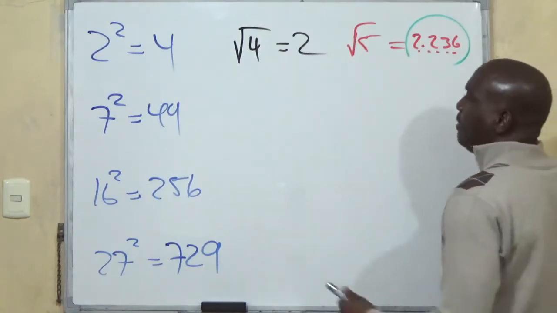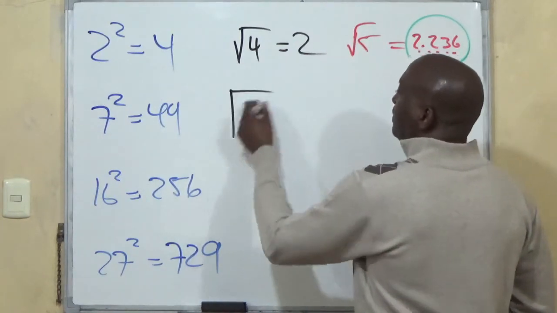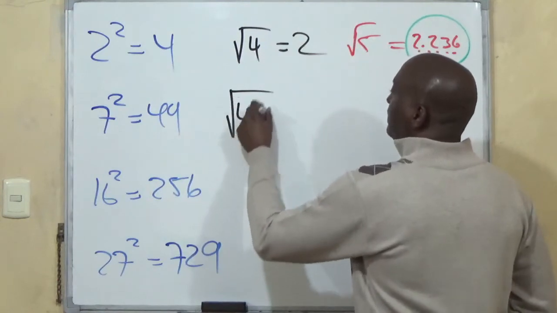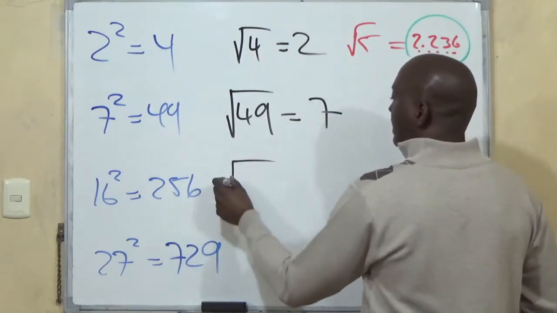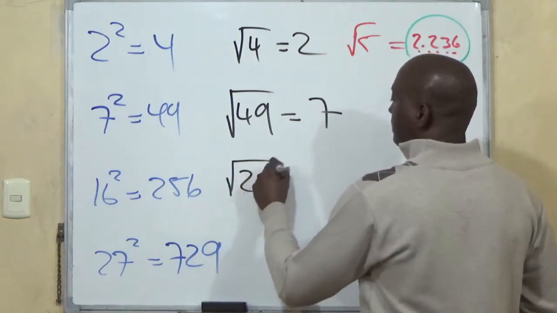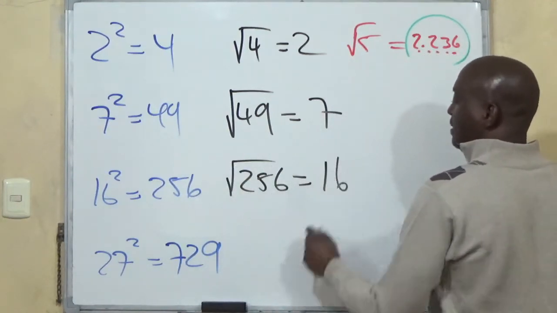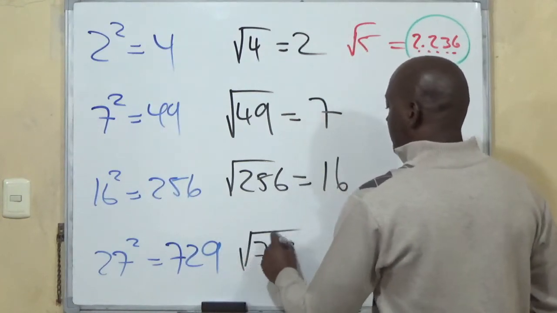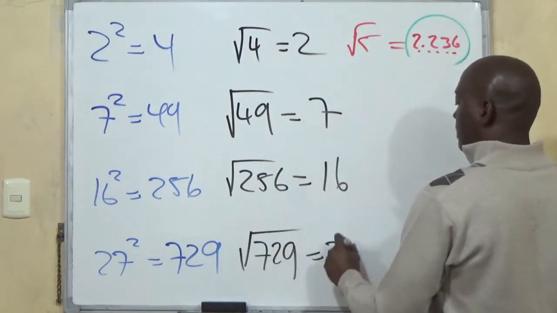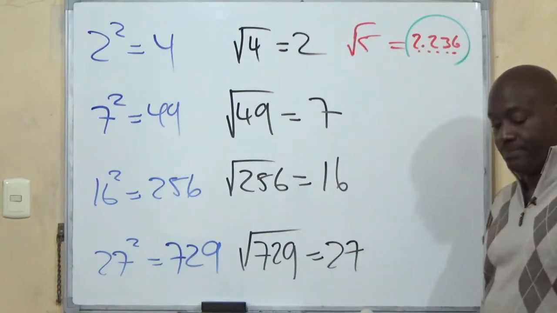So in black here now, we have the flip side of that, which is that the square root of 49 is equal to 7. We could say here that the square root of 256 is equal to 16, or that the square root of 729 is equal to 27.